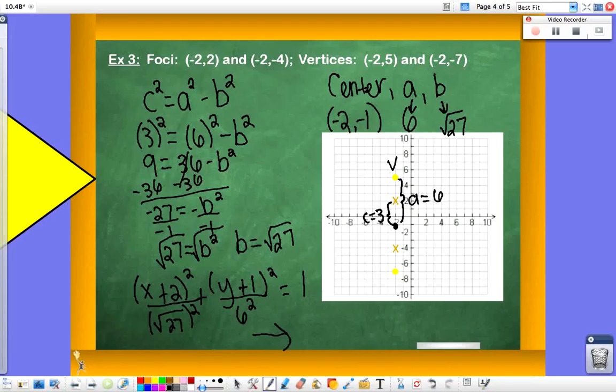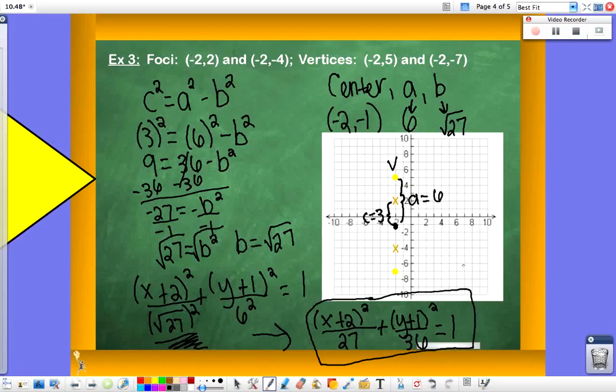And now you'll understand why I didn't go ahead and go through the hassle of simplifying that square root of 27. I end up with x plus 2 squared all over the square root of 27 squared is just 27, which works out nicely, plus y plus 1 squared all over 36 equal to 1. Always 1 with an ellipse.